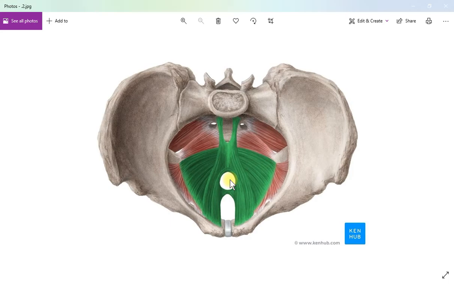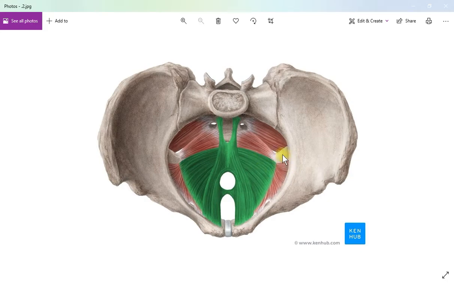Now the part is iliococcygeus. This arises from the posterior half of the white line on the obturator fascia, from where the iliococcygeal muscle arises, and from the pelvic surface of the ischial spine.